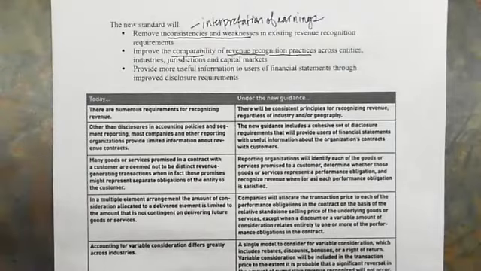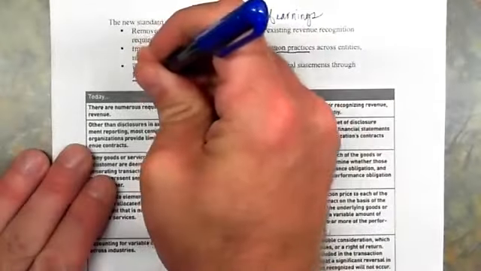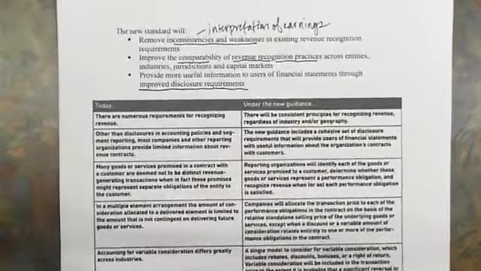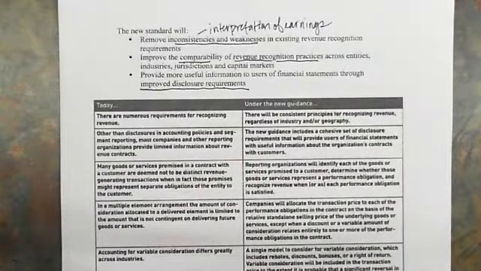To provide more useful information through improved disclosure requirements, what is required right now of revenue disclosures is rather patchwork. So there's not much there, not a lot of meat there. They typically disclose an overall policy of revenue recognition, but don't talk about individual contracts or types of revenue that they recognize.